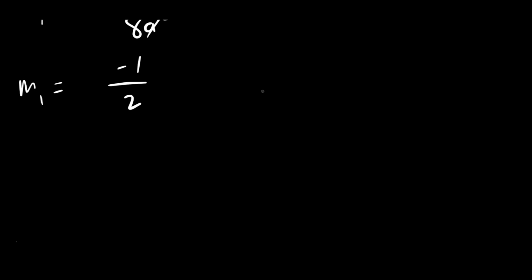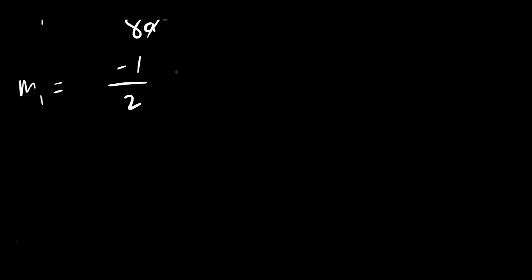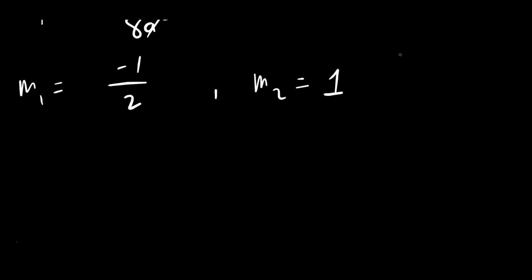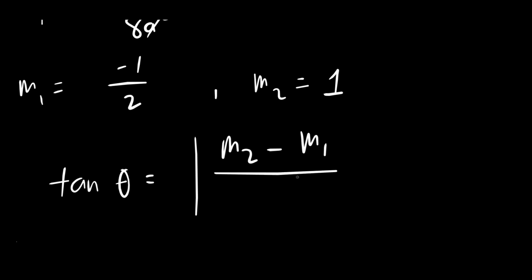We'll now substitute these into the formula for the angle between two curves. M2 is just equal to 1. Then tan theta is equal to the absolute value of M2 minus M1 all over 1 plus M2 multiplied by M1.